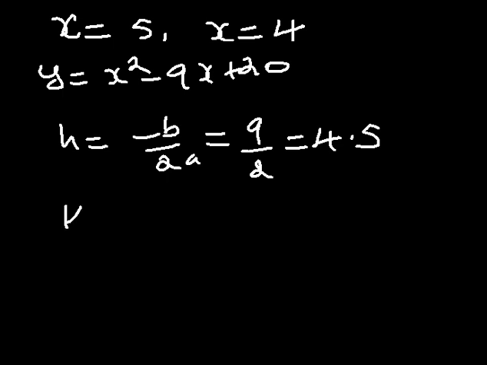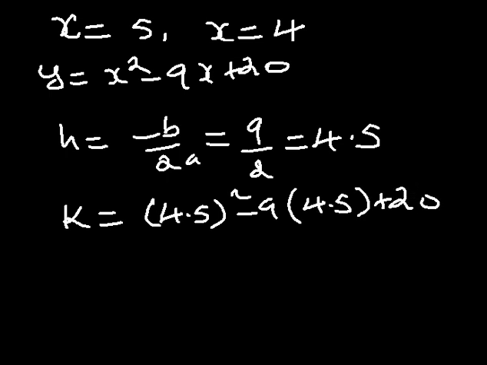Then now we need k. How should we find k? We substitute into the function, where there is x we put h. That will be 4.5 to the power 2 minus 9 times 4.5 plus 20.